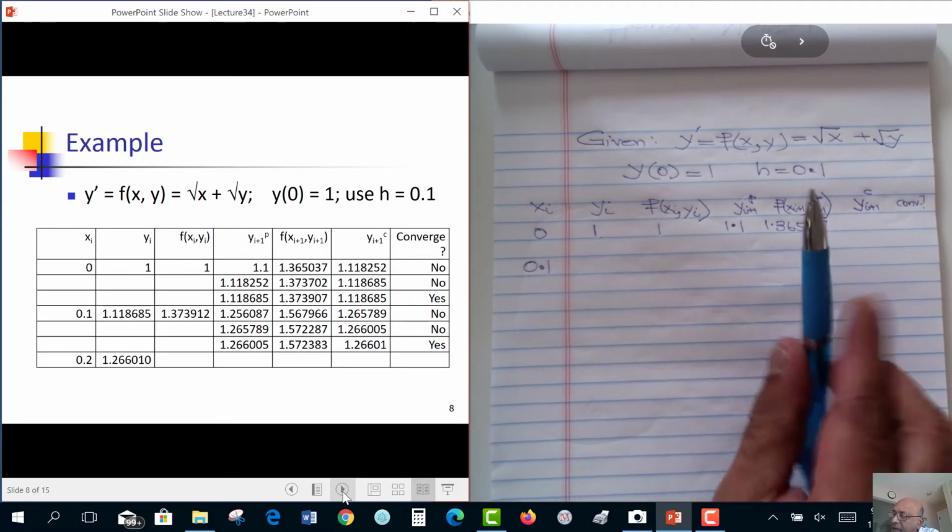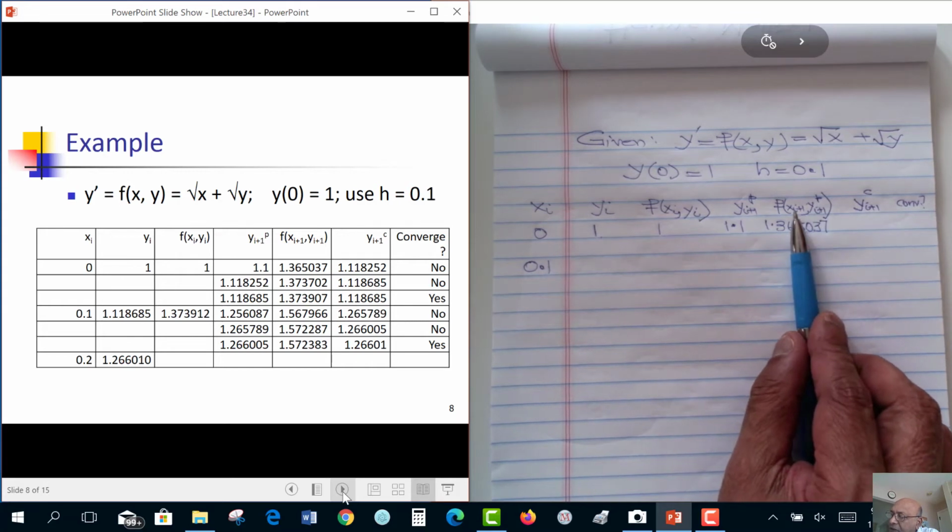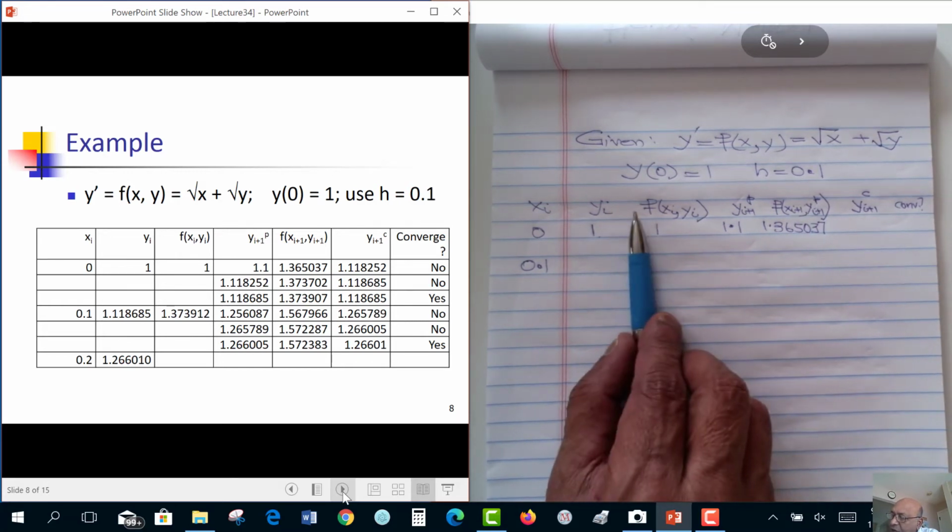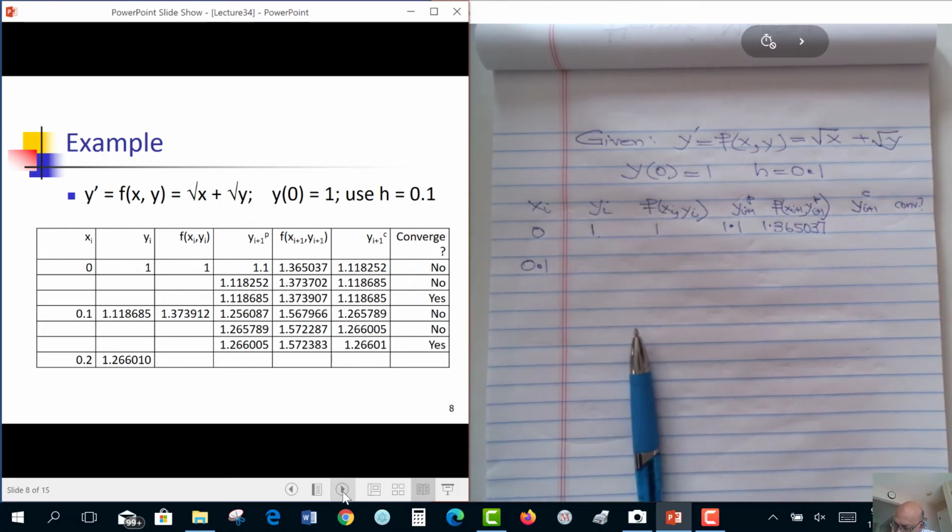Okay, so now we have this function value. We are going to average the two. So 1 plus 1.365037 divided by 2. We are going to multiply it by 0.1 and add 1 to it.